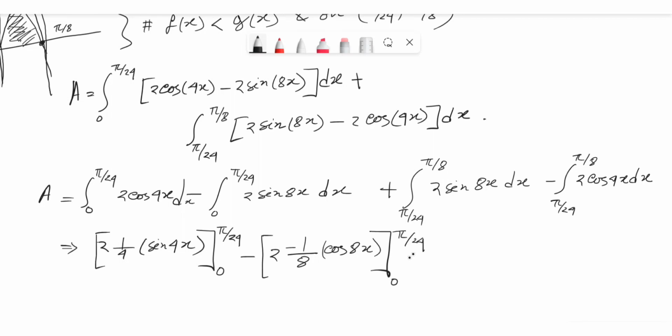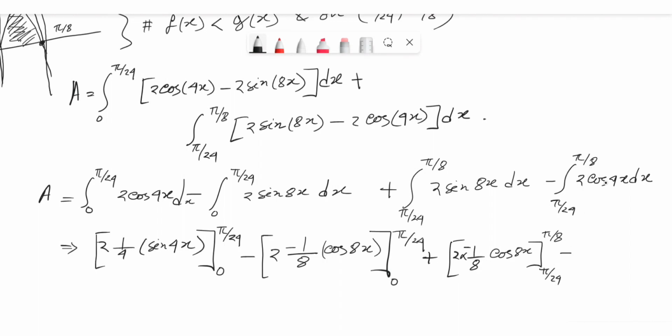Now the last part: this will be 2 into 1 by 8, as this is sine, so from the integration we get minus cos 8x, and it will be enclosed with the lower limit pi by 24 and upper limit pi by 8.